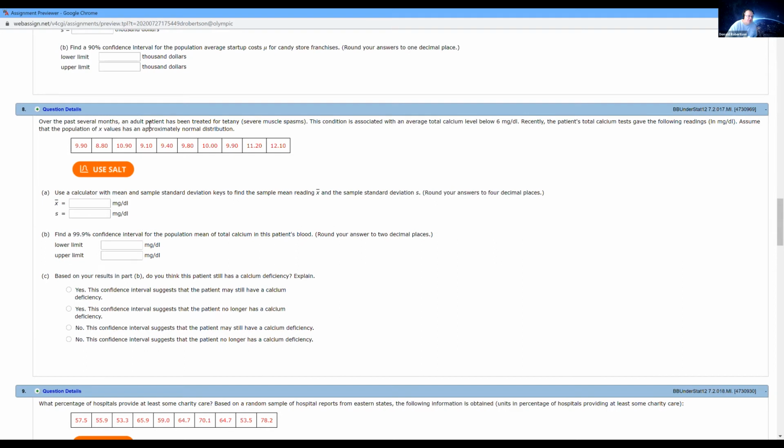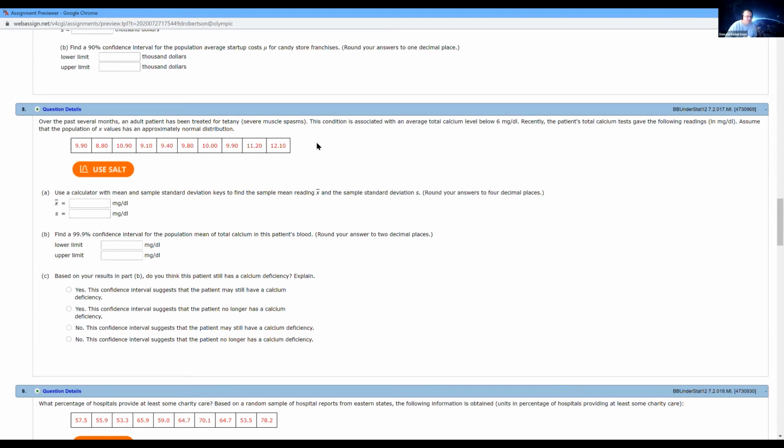Over the past several months, an adult patient had been treated for severe muscle spasms. And this condition is associated with low calcium levels. So if your calcium's low, I think, don't you get that with potassium levels being low as well? Yeah, so in this case, the average total calcium is below 6.